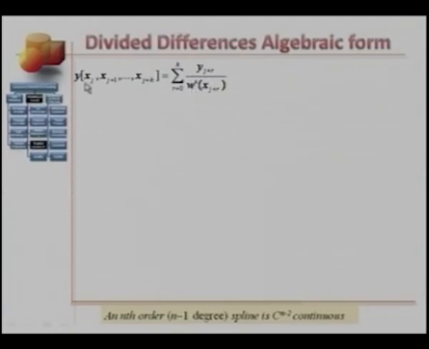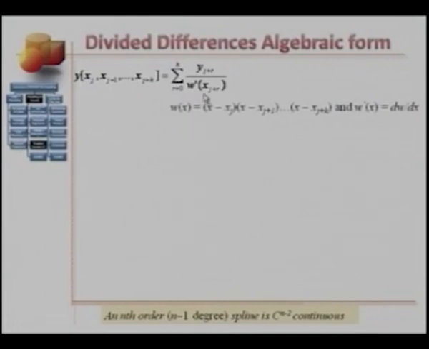Can you tell which divided difference this expression would represent? Now when k is equal to 0, we have y of xj, that is the 0th divided difference. When k is equal to 1, we have y of xj, xj plus 1, that is the first divided difference. So this notation here represents the kth divided difference.